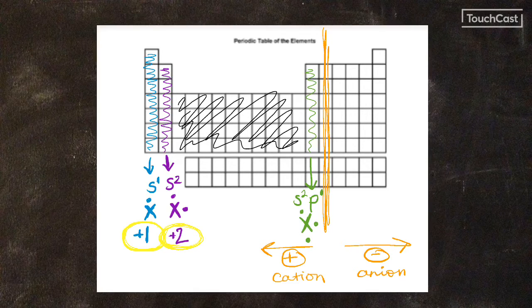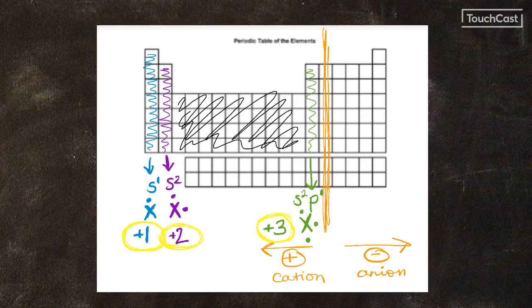Since it's easier to get rid of 3 than to gain 5, it's going to get rid of 3 electrons, and it's becoming more positive. So everything in my green column here has a charge of +3.